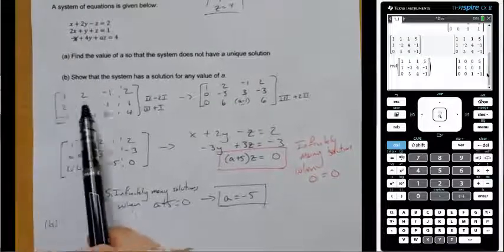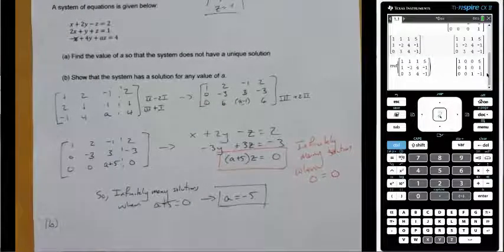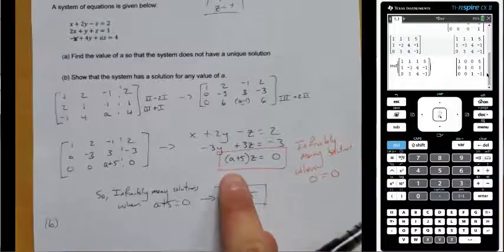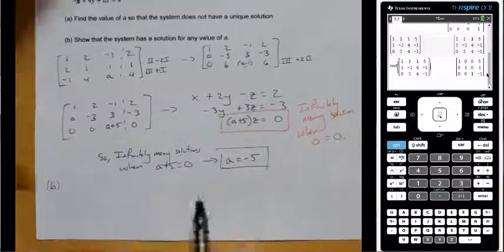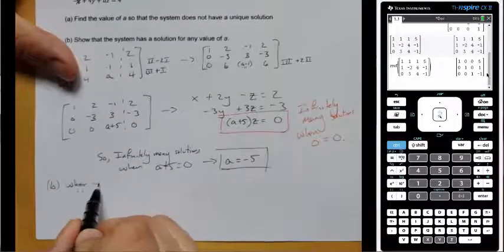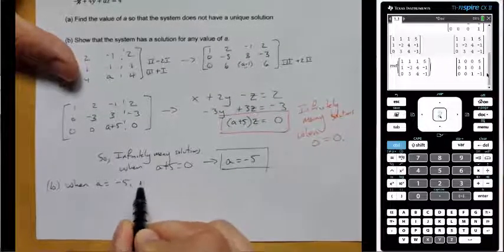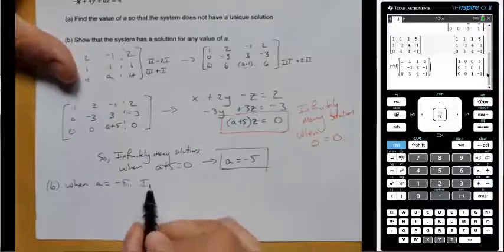Part B says, show the system has a solution for any value of a. We've already done most of the work here. Here's the form of our system. When a is negative 5, there's infinitely many, so there's at least one solution.